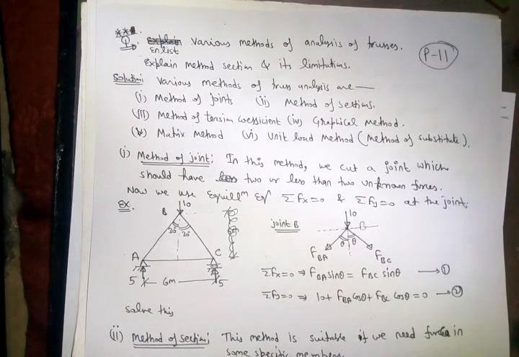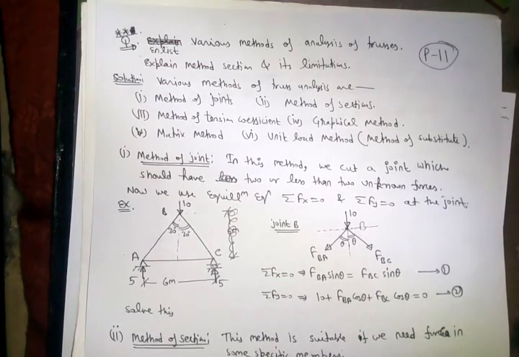For example, member BA has been cut, so for member BA one axial force should be shown, because all the truss members carry only axial force. So let us say the force is FBA, right?